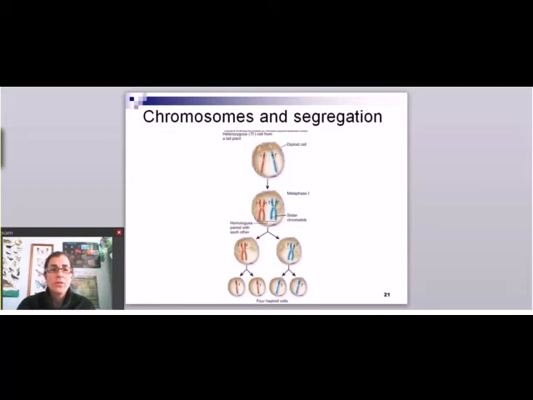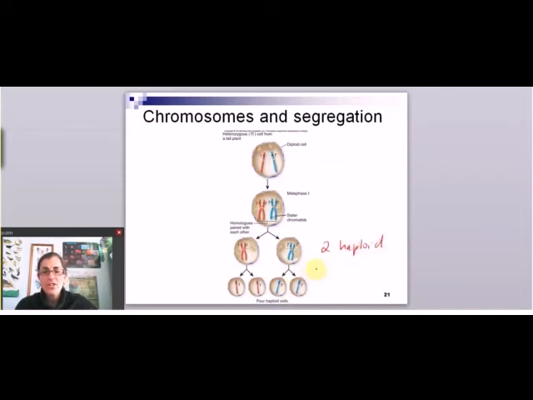So during meiosis, remember the first thing that happens is this will get copied, so now we have sister chromatids, so two copies of the tall allele and two of the dwarf allele. Meiosis 1 will separate the homologous pair, so now I have two haploid cells, but the sister chromatids are still together.